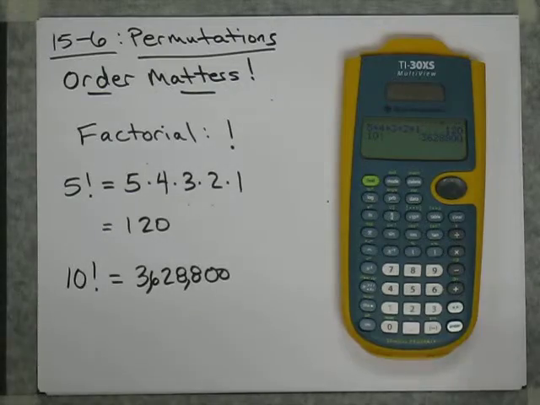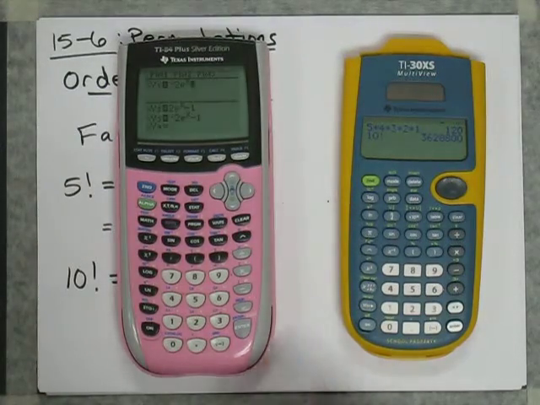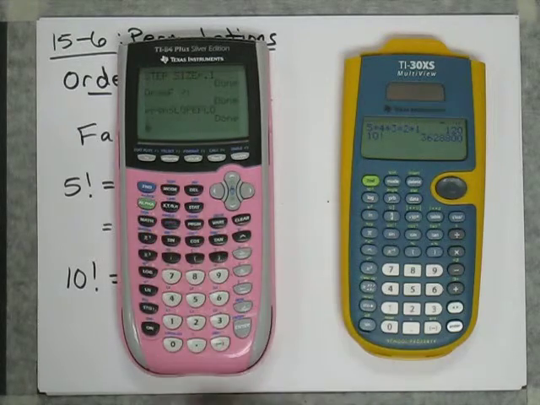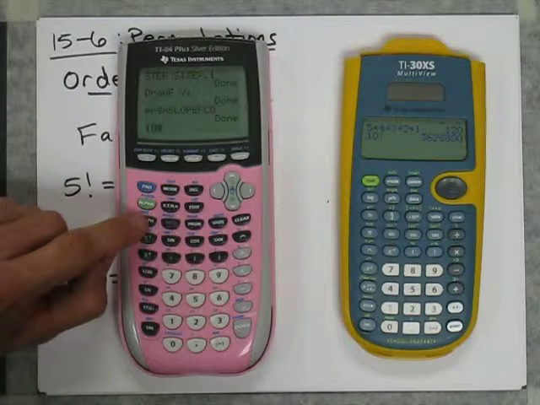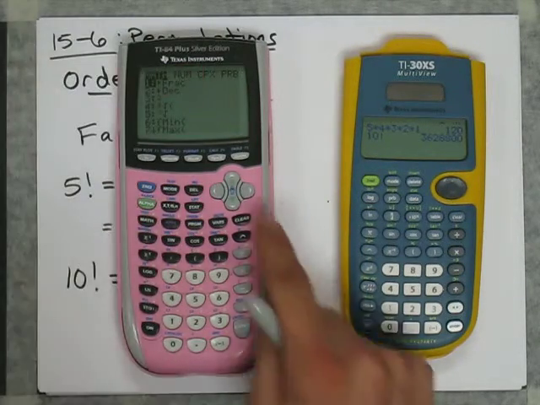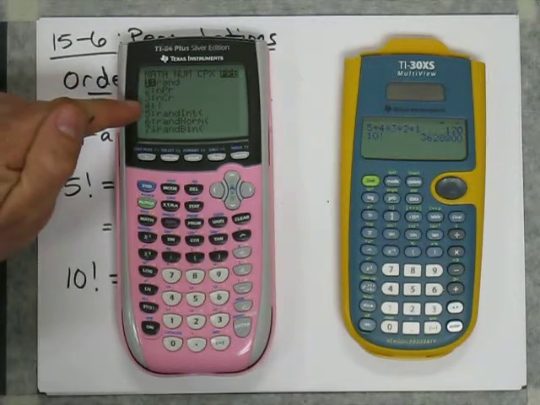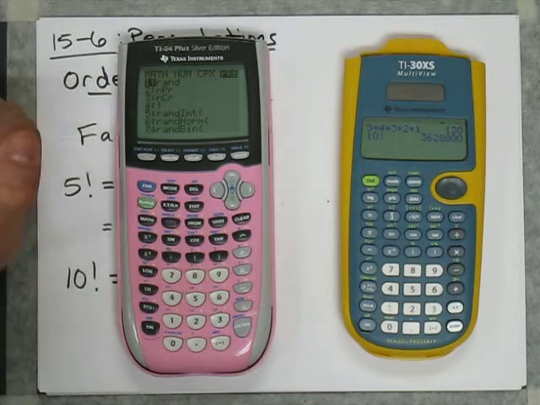Now, on the graphing calculators, which some of you have, the TI-84 Plus, you're going to find it underneath math. So you go to your math button, and then all the way over to PRB, and under PRB, it's the exclamation mark, 4.